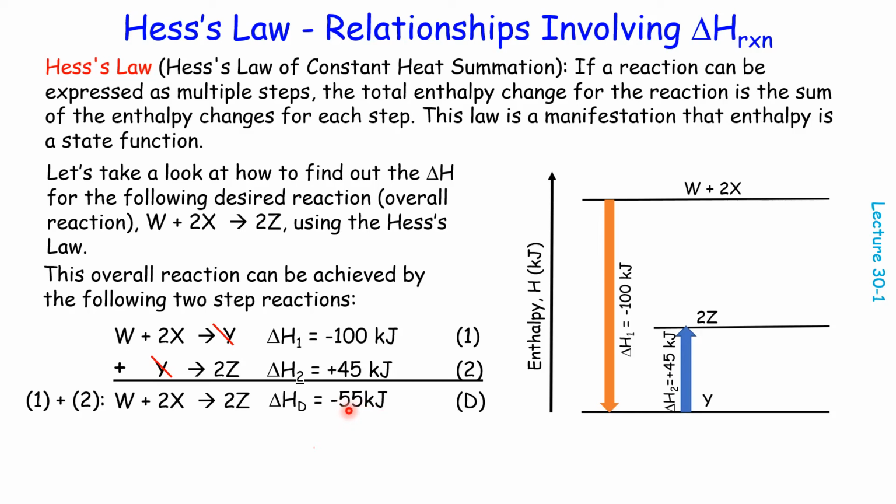That means it's an exothermic reaction. It is this reaction from W reacting with 2X forming 2Z. So that's negative 55 kilojoules. This is basically how you apply Hess's law in calculating the delta H of reaction, or heat of reaction.